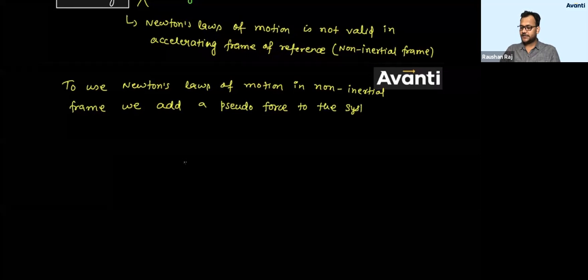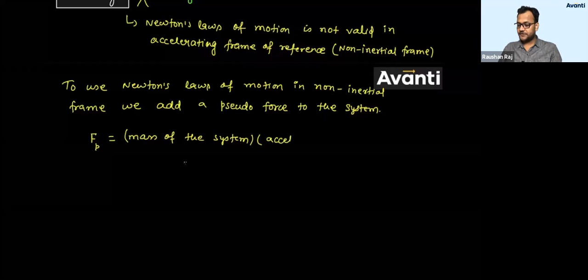Pseudo means false, which is not actually acting. But to use Newton's law of motion, we add a pseudo force to the system. What is the pseudo force? This pseudo force Fp will be equal to the mass of the object, m, into the acceleration of the frame.